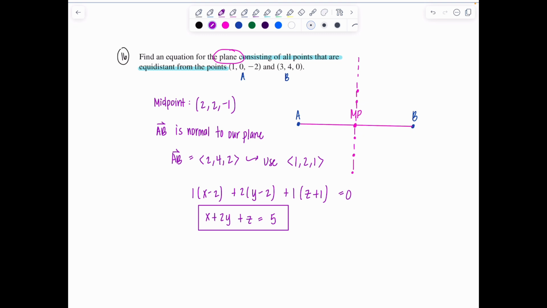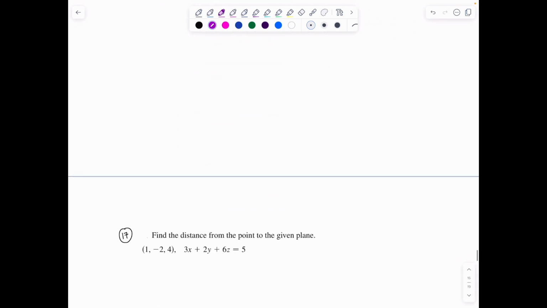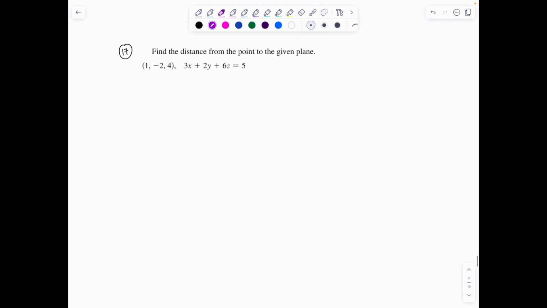And moving on now, as I said before in the first video lecture and in class, you're not allowed to use any memorized formulas for the distance from a point to a plane or other garbage like that. You need to show that you understand the concept and the setup.